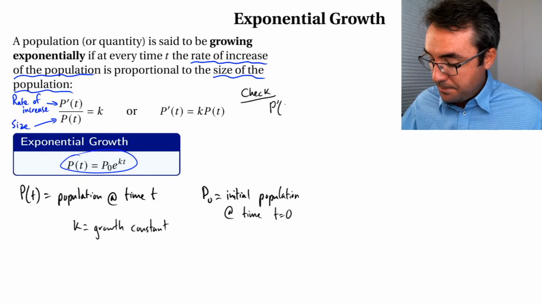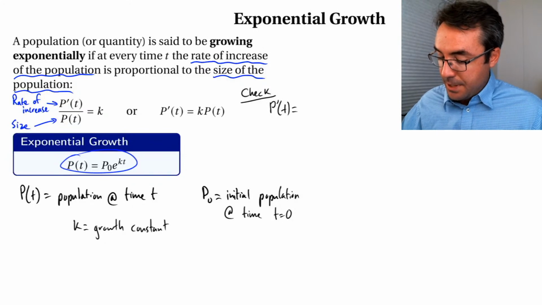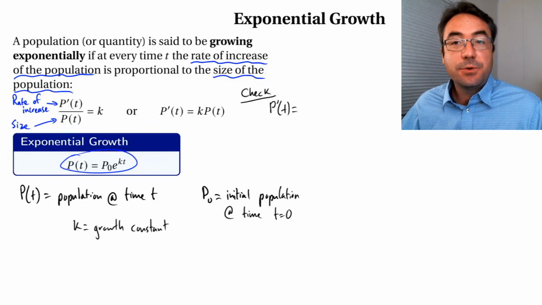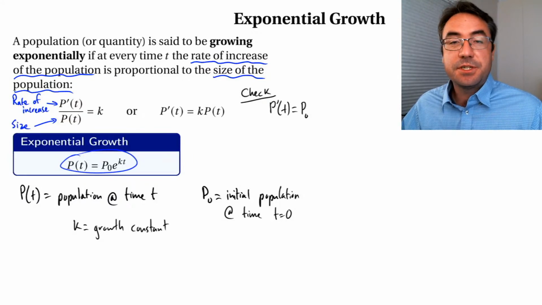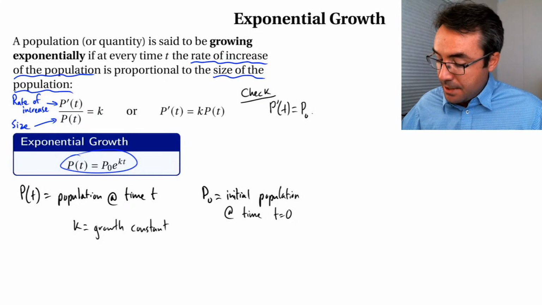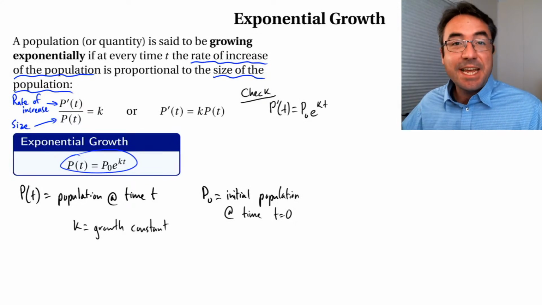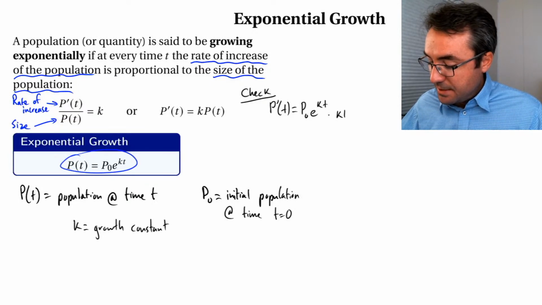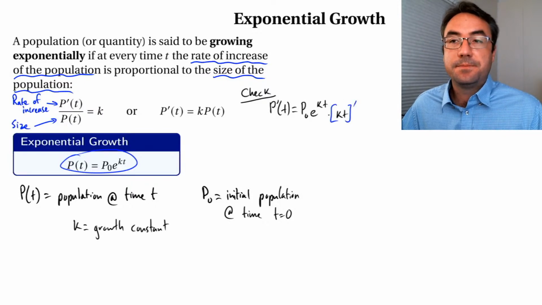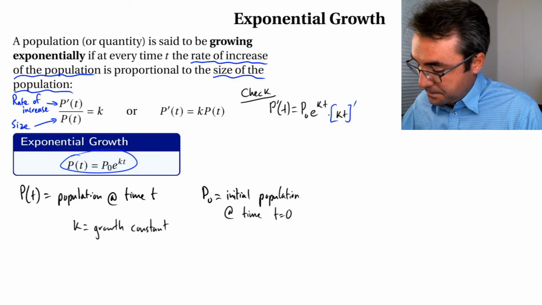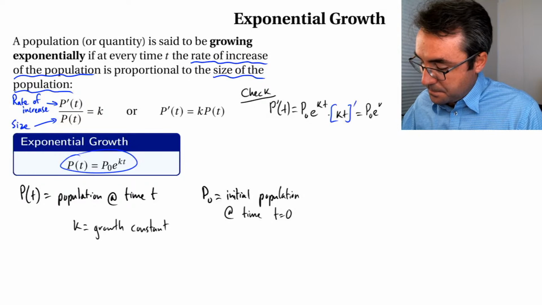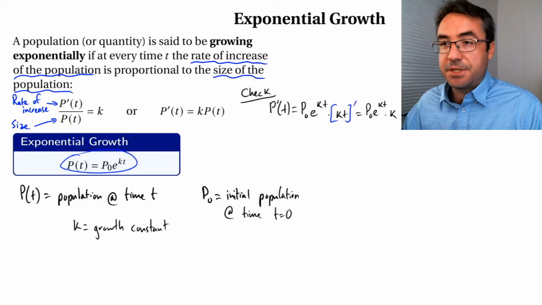So P prime is equal to, now it's an exponential function, so we have to use our general exponential rule. P0 is just a constant, so it stays in front. The derivative of the exponential part stays the exponential part, so e to the kt. And then we take the term that's in the exponent and multiply by its derivative. So the derivative of k times t is just k.